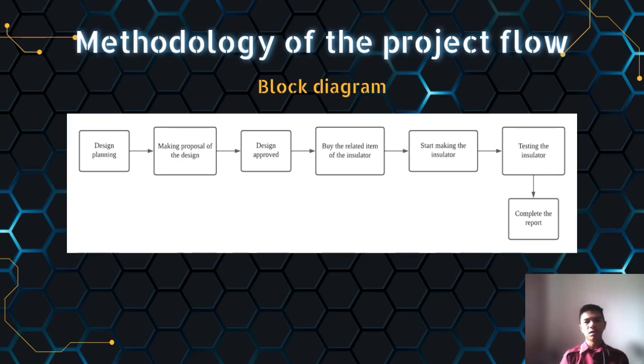In the proposal, we have two designs of the insulator, which use a plate of porcelain and plastic. After we finished our proposal, we presented it to Dr. Sim, and then Dr. Sim approved one of our designs, which is the porcelain.